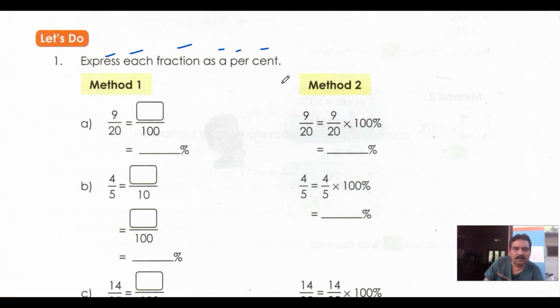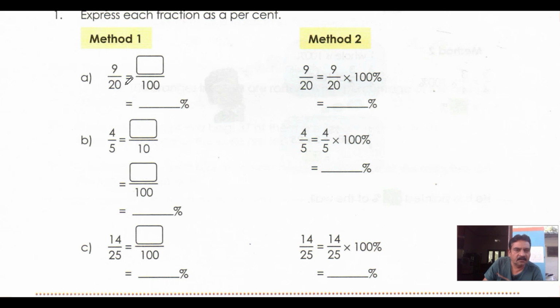So again I'll tell you the same thing. Whatever the fraction is, when you want to know the percent, you simply multiply it by 100. So this is the second method given. We do all these problems with the second method only, right?